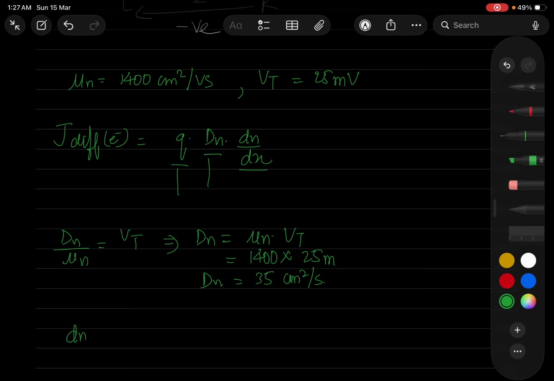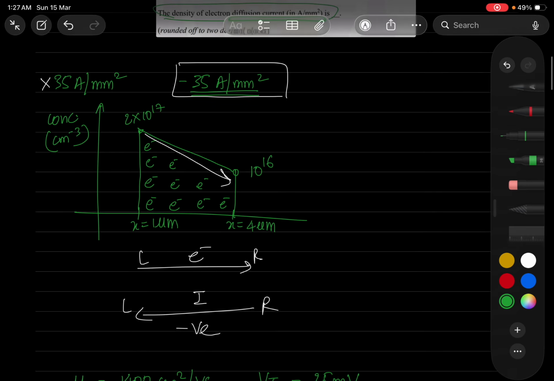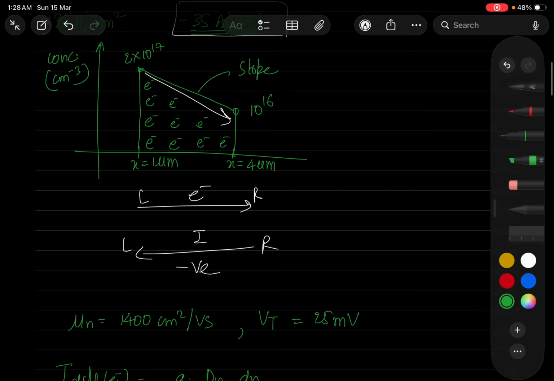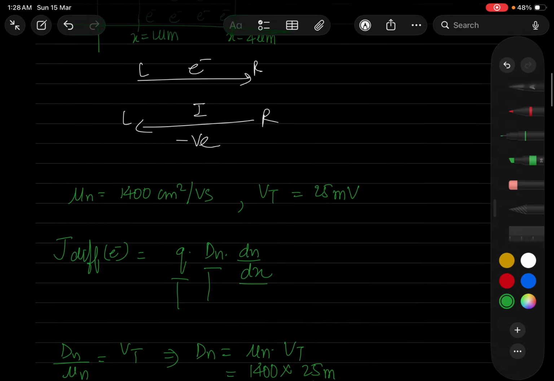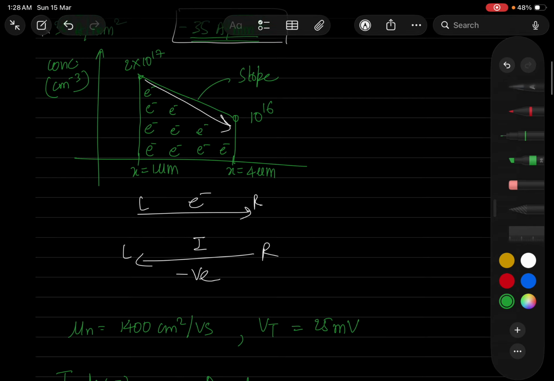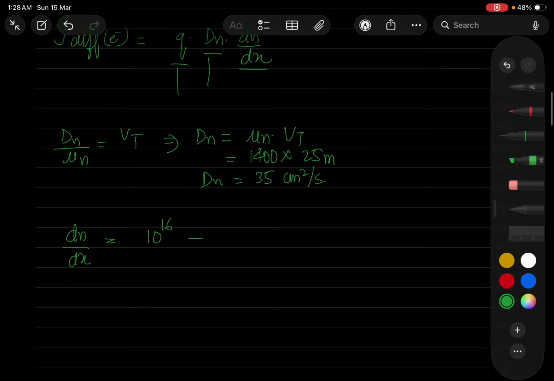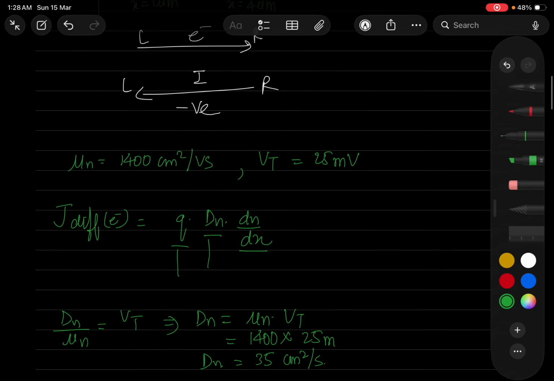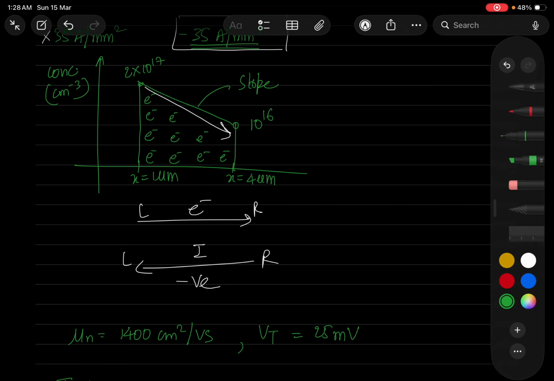Now let's move towards the concentration gradient dn by dx. This is nothing but the slope of this line, which we can easily find out. So this will be 10 raised to the power 16 minus 2 into 10 raised to the power 17, divided by, one more thing: this x-axis has the units of micrometers, while this concentration has the units of per centimeter cube.